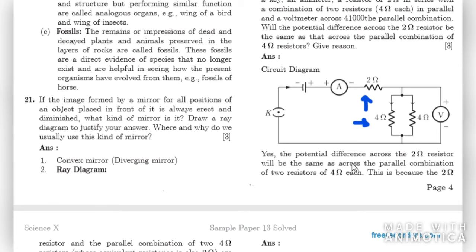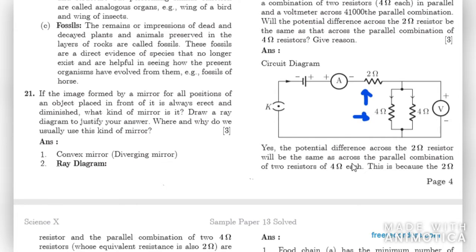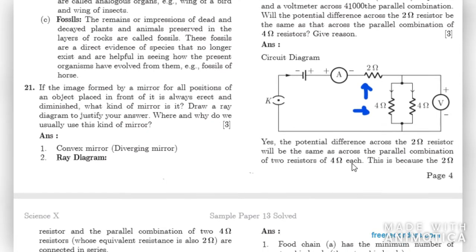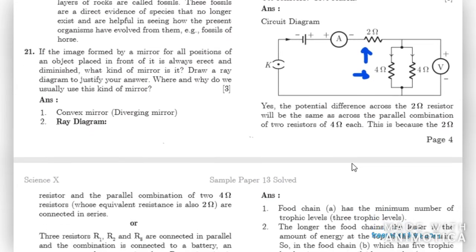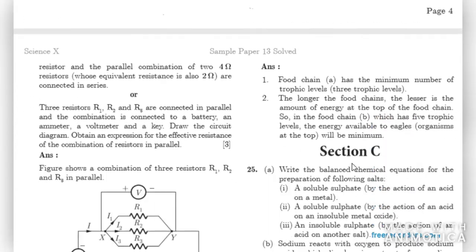So yes, the potential difference across the 2 ohm resistor will be the same as in the case of the 2 resistors of 4 ohm, because the 2 ohm resistor and the parallel combination of two 4 ohm resistors are connected in series, and if they are connected in series, that means they will have the same potential difference.